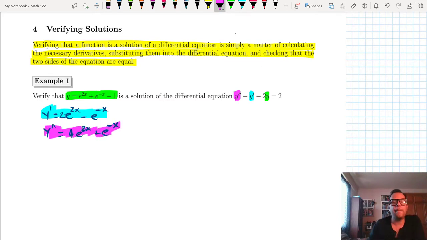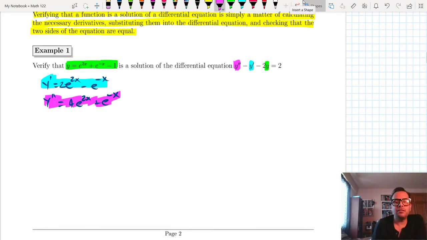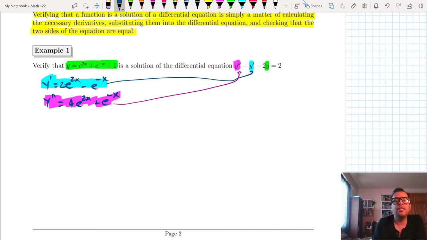Okay, now let's plug in the second derivative right here, the first derivative right here, and the original function here, and hopefully both sides match.